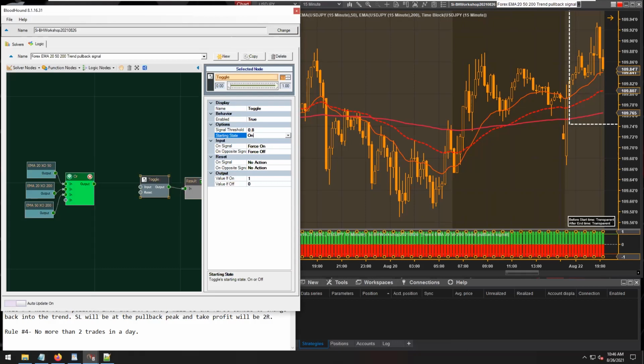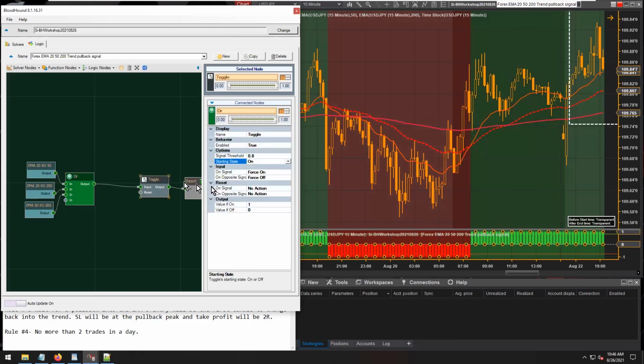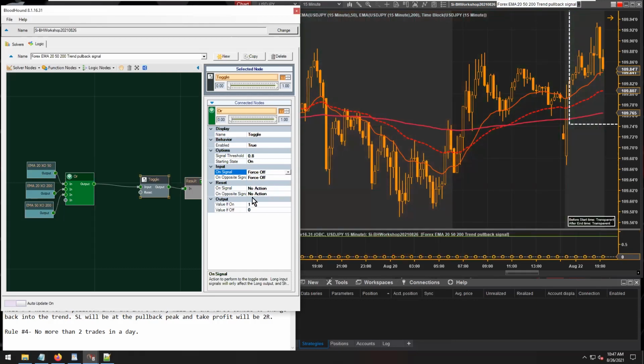So now we're going to connect our crossovers into the toggle node. And so if there is a signal coming in, we're going to turn the toggle node off.